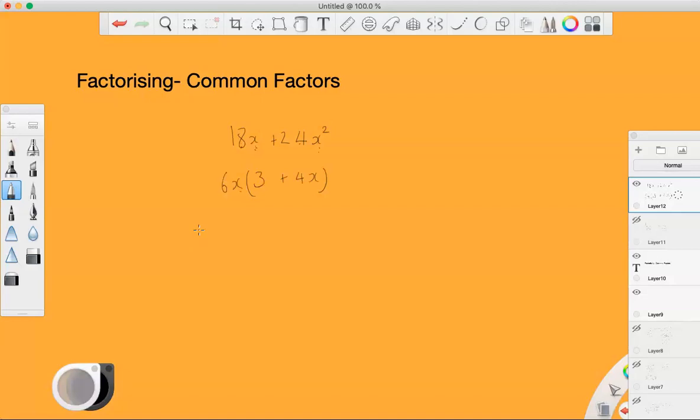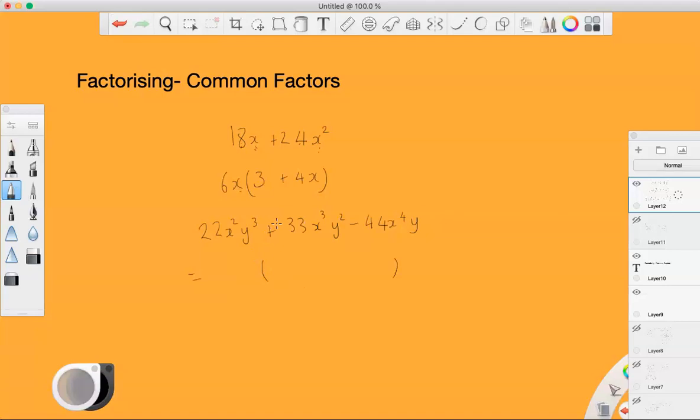Let's look at one that's a bit more tricky. Minus 44x to the power 4 y. So let's put our brackets here.